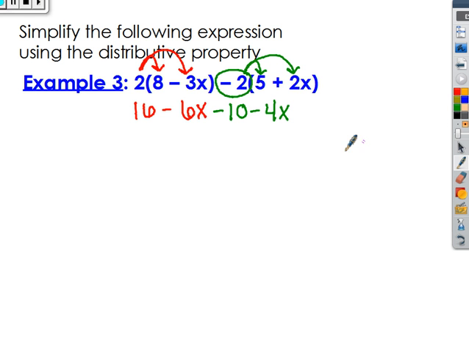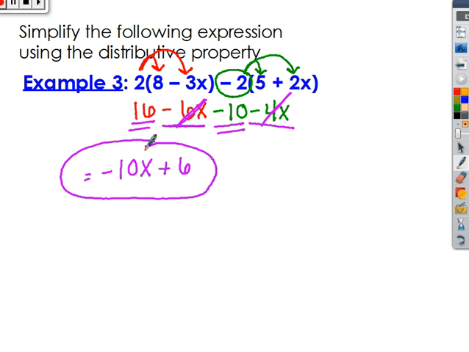I don't have any division, so next step is adding and subtracting. So I'm going to combine like terms. Negative 6x and negative 4x gets more negative, and it gives me negative 10x. 16 minus 10 gives me a positive 6. So my final answer is negative 10x plus 6.